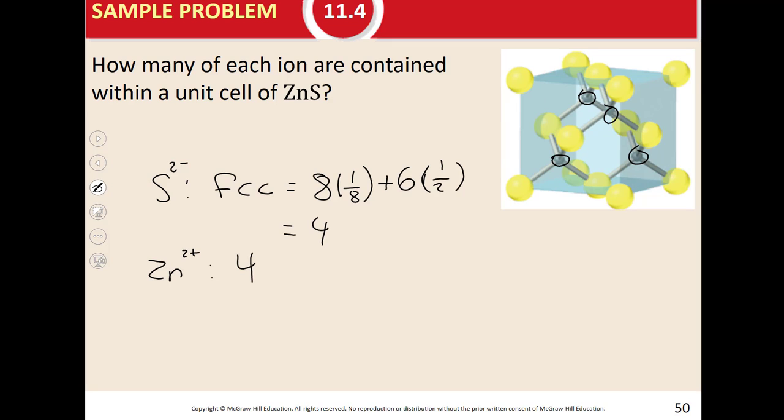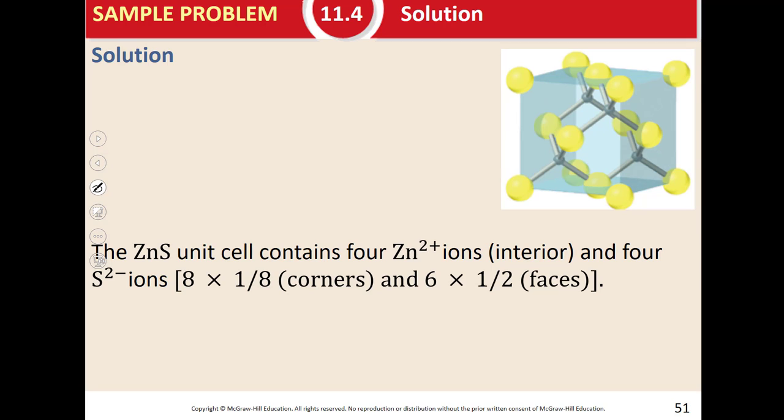It's much easier when you have that three-dimensional structure to look at, but in this case, it's probably just easier to count them. And I would give you the image, of course. Yeah. 4 zincs and 4 sulfide ions.